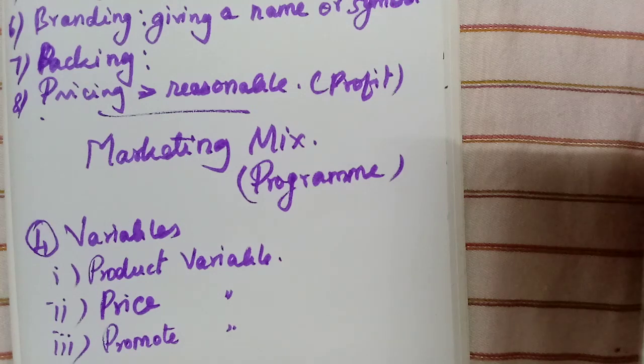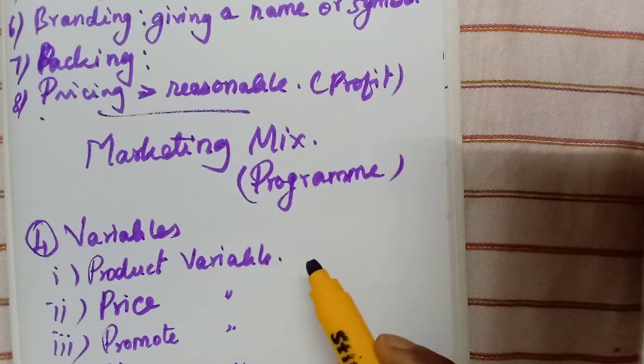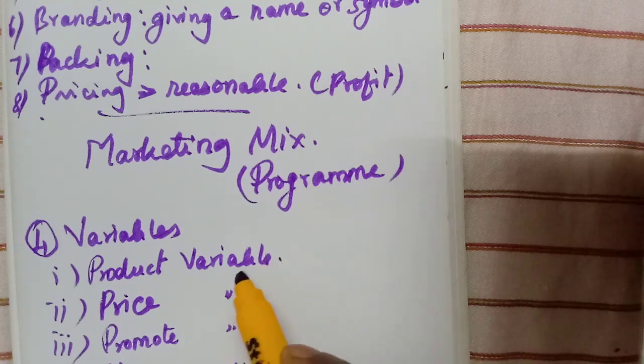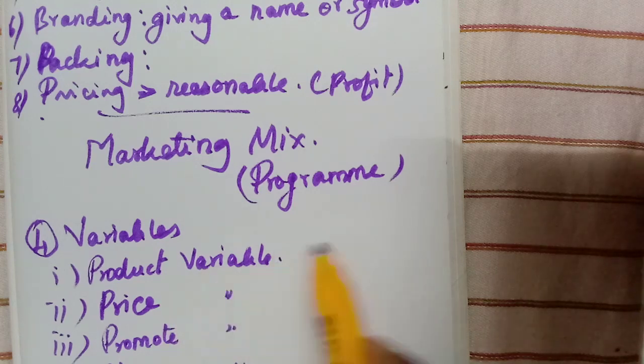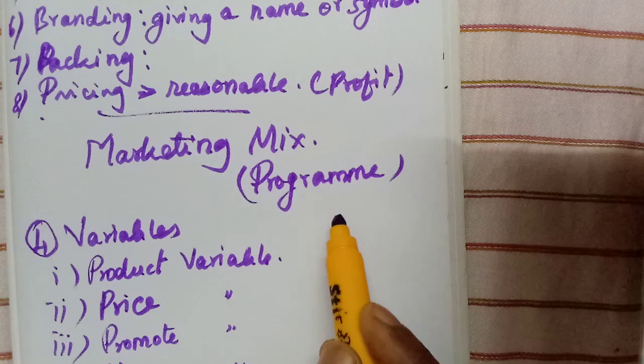Then place variable. Last, from the place of production they will transport the goods to the place of consumption. So first one, product. That is very important. Without product, marketing cannot be done, isn't it? Without product, marketing is also not necessary. So product is the first element of the marketing mix.